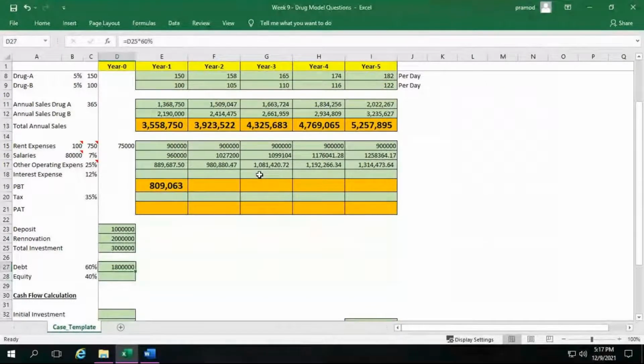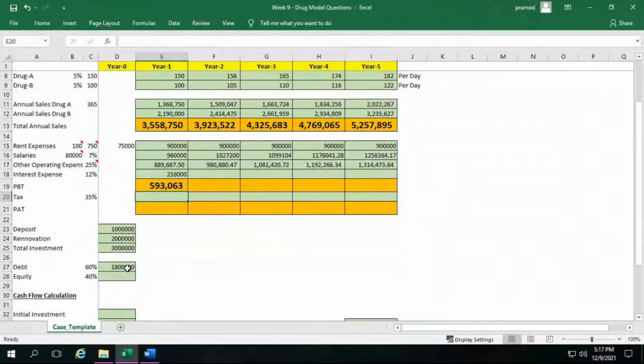For this you find the interest expenses. They told the interest is 12%, which is nothing but debt into 12%. That is 2,16,000, so the amount should change to 5,93,063. Now we do the tax.